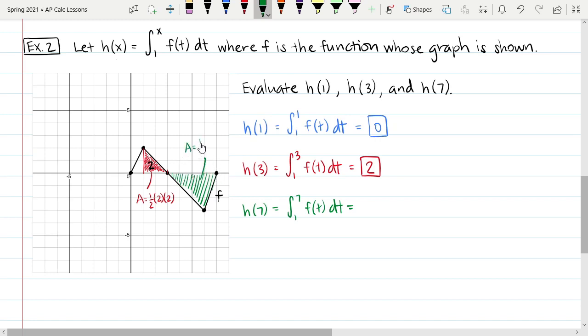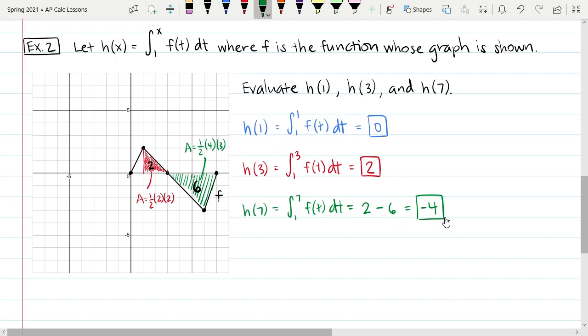So the area here is going to be 1/2 times 4 times 3, and that's going to be 6. So that triangle has an area of 6. But remember, that's area beneath the x-axis. So in terms of net area, remember we're subtracting any area below the x-axis. So h of 7 is really the amount of area above, which was 2, minus the amount of area below, which was 6, and we get -4.